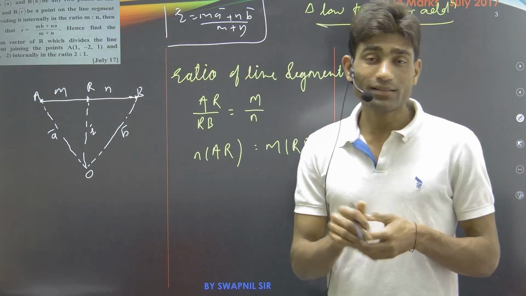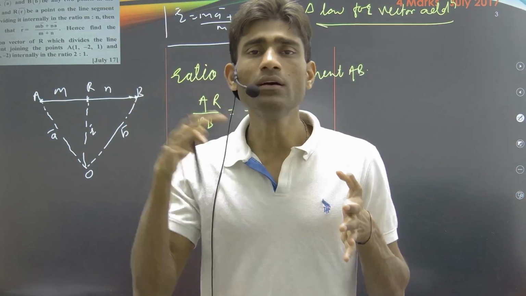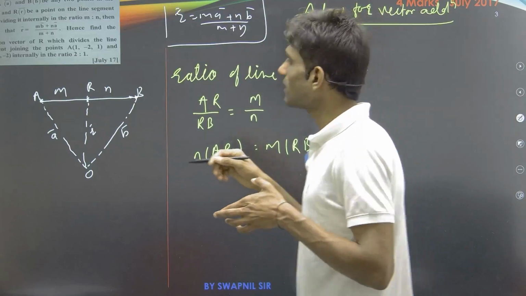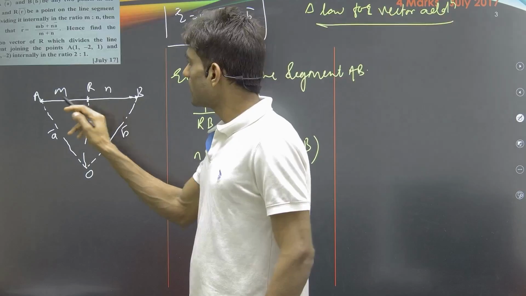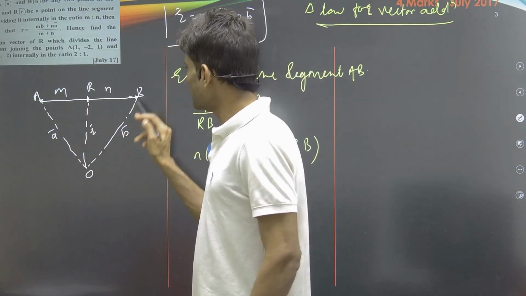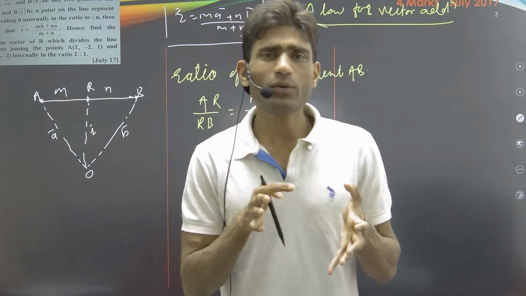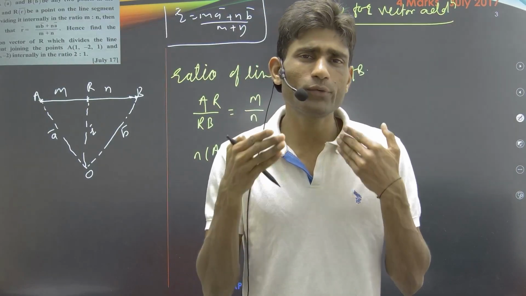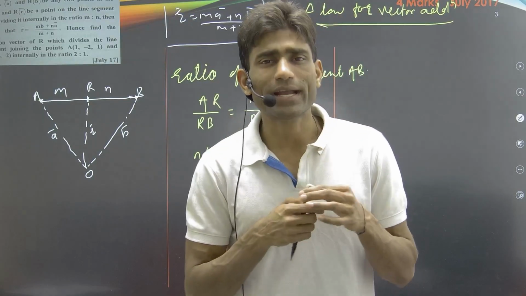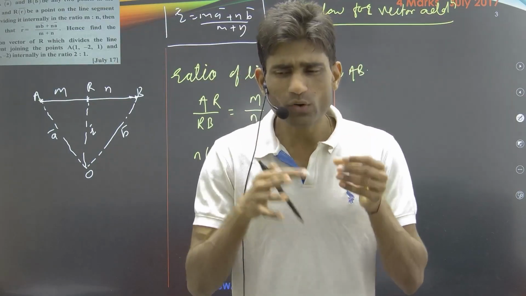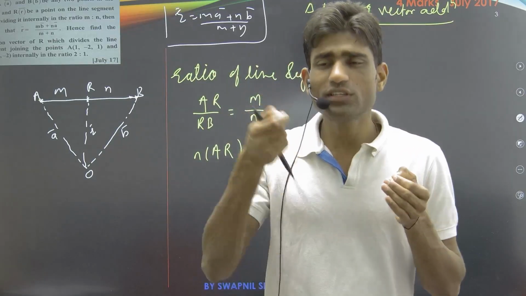The triangle law for vector addition says that if we take the same direction, line segment AB can be written as AO plus OB. Now see that this is our vector chapter, and in vectors we always need to be careful about direction as well as magnitude. So if we change the direction of our vector, that gives us a negative sign.